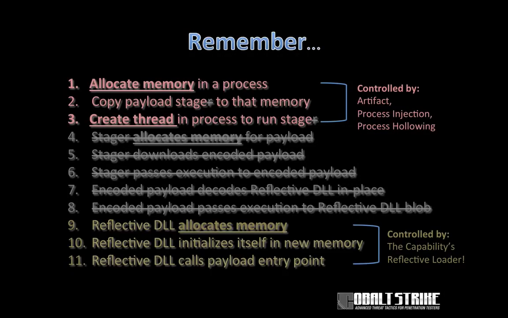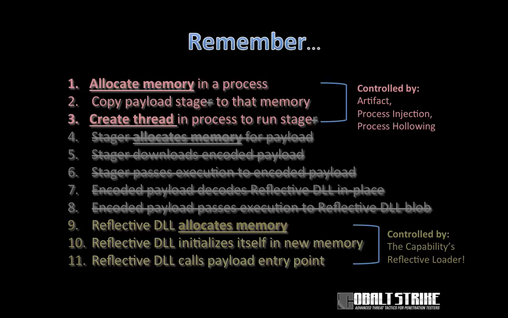In this whole discussion, I want you to remember something. We're talking about process injection, process hollowing, artifacts, right? Those things are responsible for getting a capability or a payload like Beacon into memory. So they control steps 1 through 3 here.